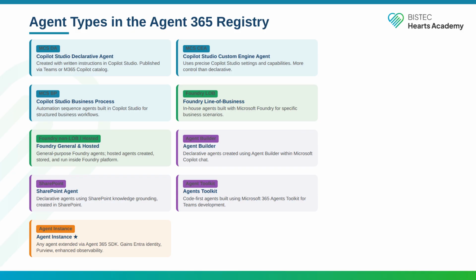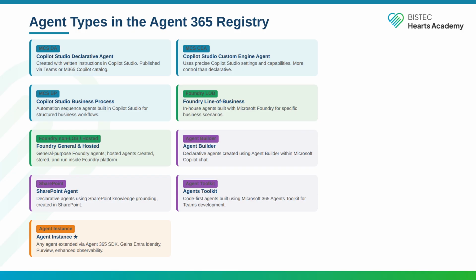SharePoint agents are declarative agents grounded in SharePoint knowledge, created directly in SharePoint, another lightweight path that generates agents visible in the registry. Agent Toolkit agents are the code-first variant built using the Microsoft 365 Agents Toolkit for Teams development. And finally, Agent Instance, the governance tier we are working toward today.